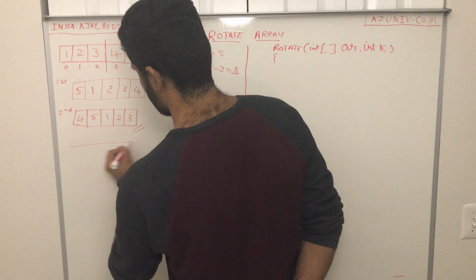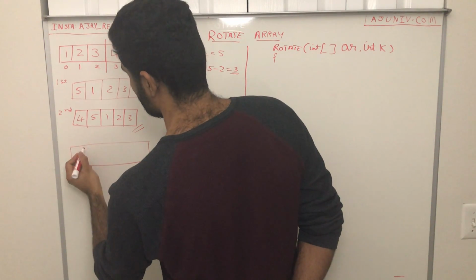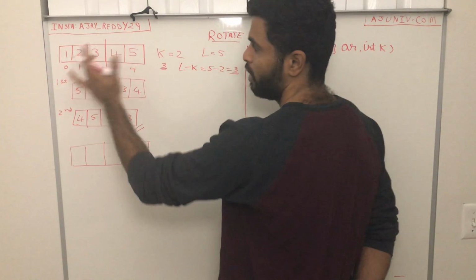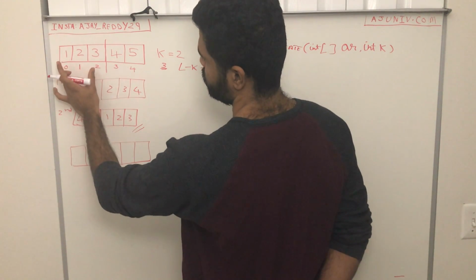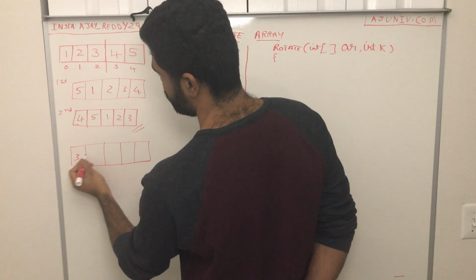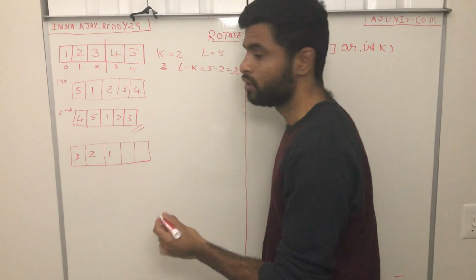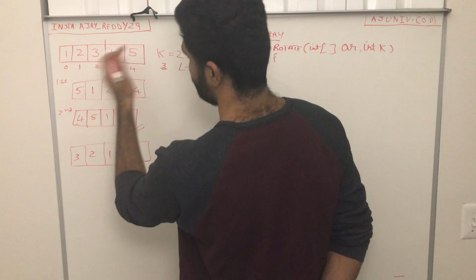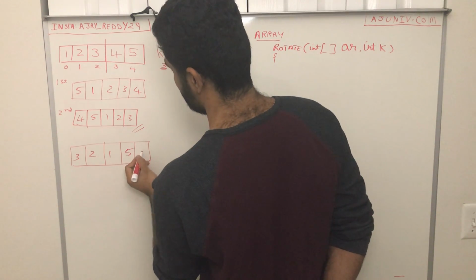1, 2, 3, 4, 5. Now I will reverse this sub-array, which is 0 to 2. That would be 3, 2, 1. And now I will reverse this sub-array, which is 3 to 4. That would be 5 and 4.